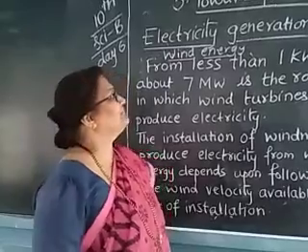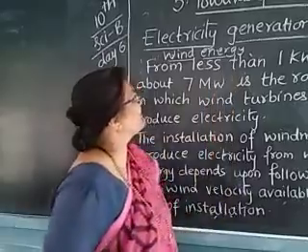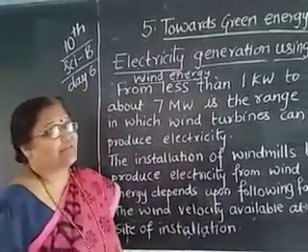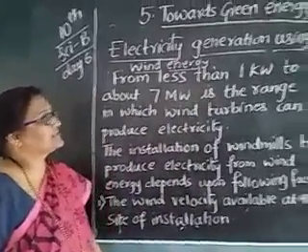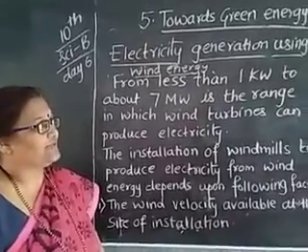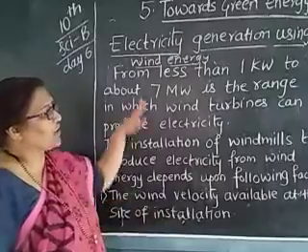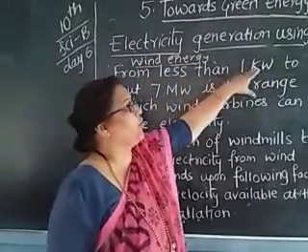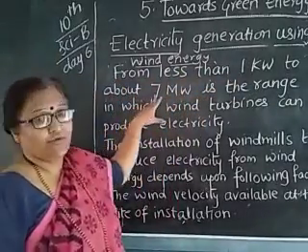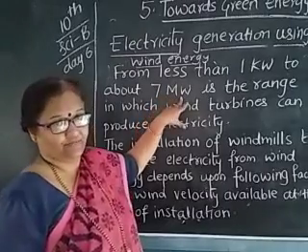The next point, electricity generation using the wind energy. We are going to see this point. Before this we have seen 2 points. Now here we are going to see from less than 1 kilowatt to about 7 megawatt.